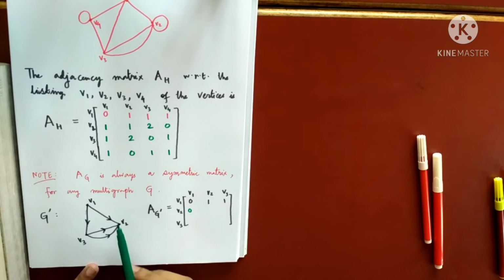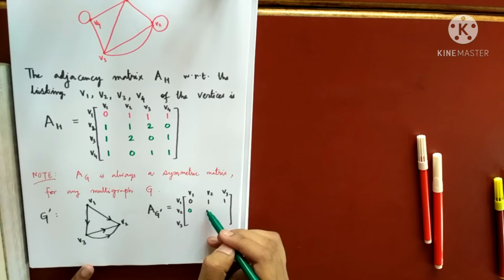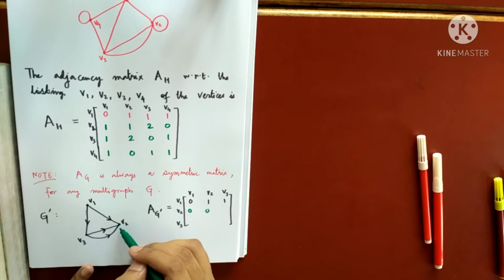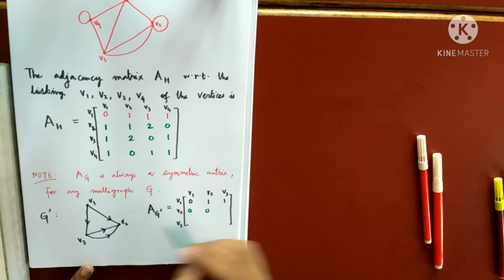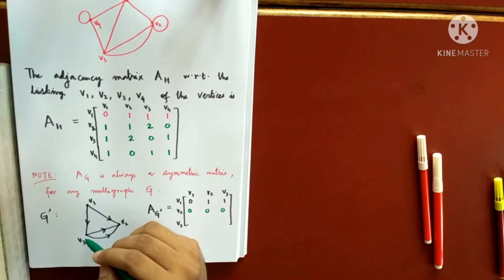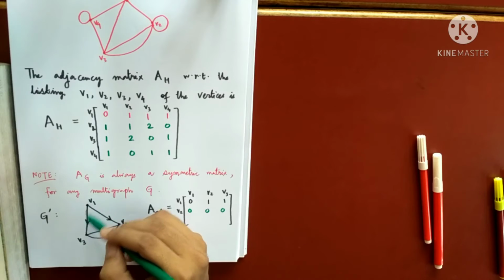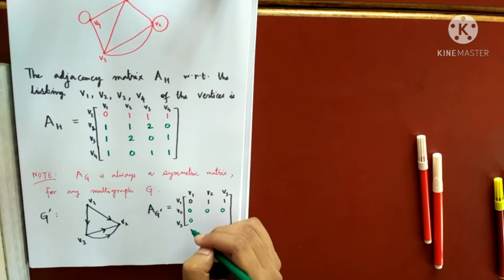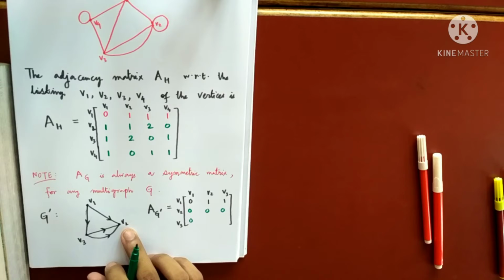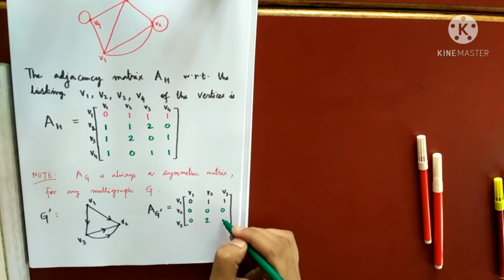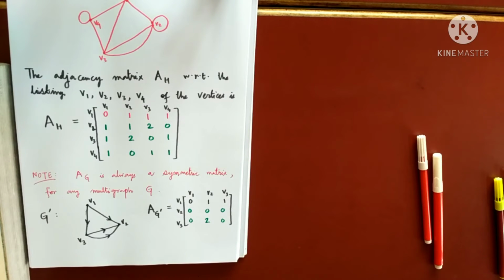So 0. V2 to V2 is 0 and V2 to V3 is also 0. And lastly, for V3 to V1 it is again 0. For V3 to V2 it is 2, and V3 to V3 is 0. So this is the adjacency matrix for some digraph.